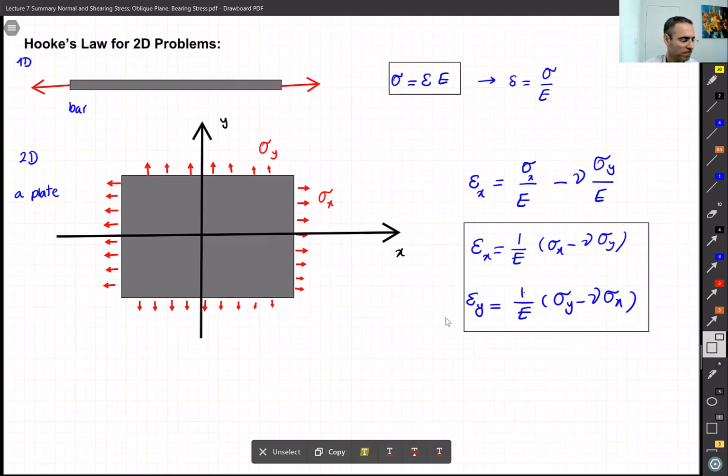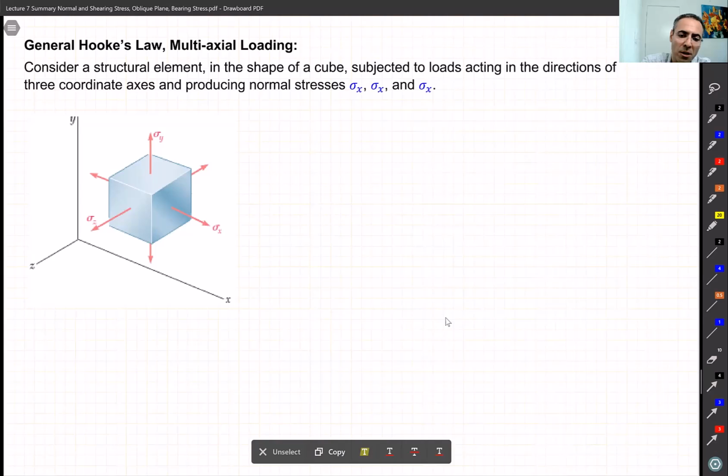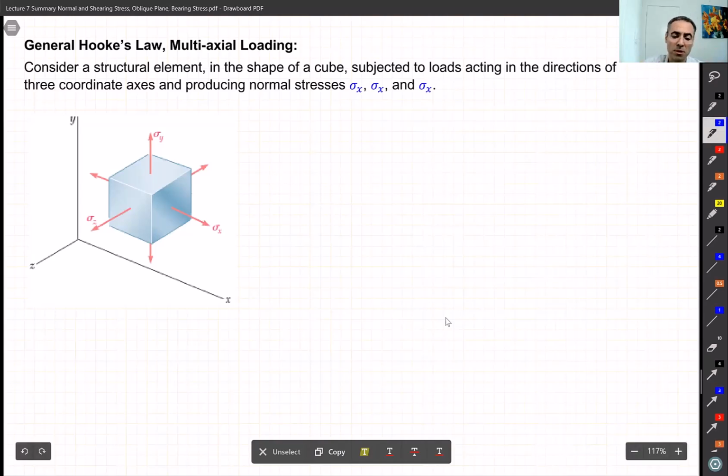Are we good? Okay. Now that you are good with 2D problems, let's make it more complicated, right? Let's deal with Hooke's law for a 3D problem. Let's imagine that instead of a plate now, you have a cube, and this cube is under stress in 3 directions, X, Y, and Z. And the question is, we want to know how much this cube is going to shrink or elongate because of these stresses.